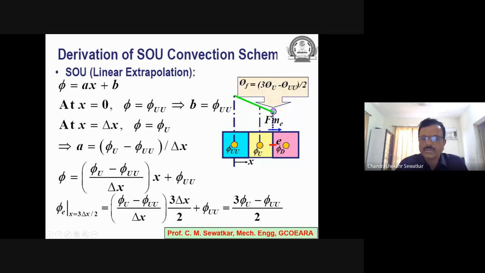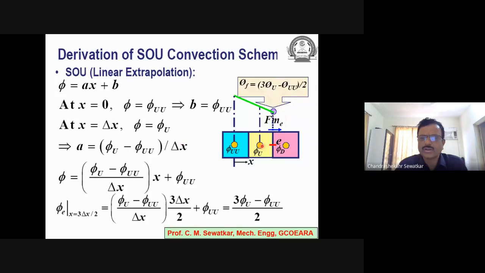So I assume that my x starts from here. Then at x equal to 0, I have phi equal to phi uu, and that gives me b equal to phi uu, if I use phi equal to ax plus b.